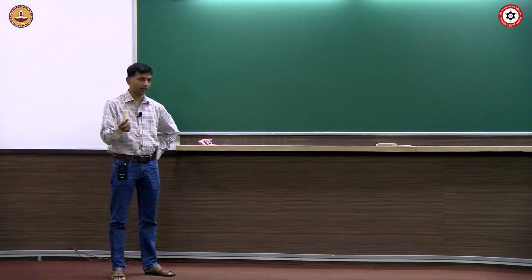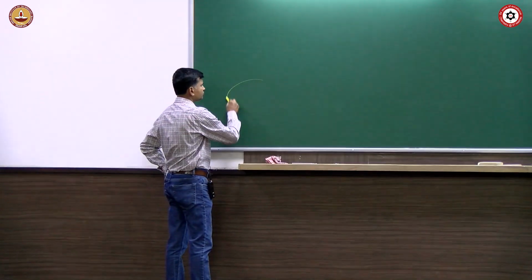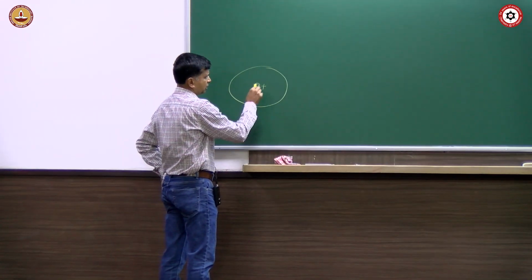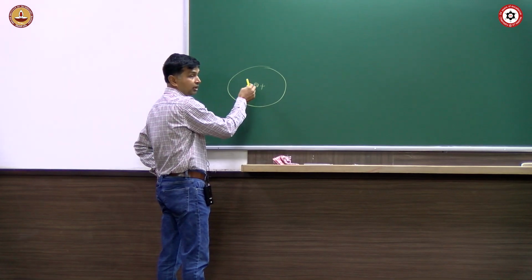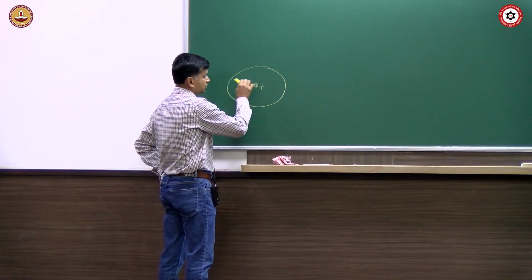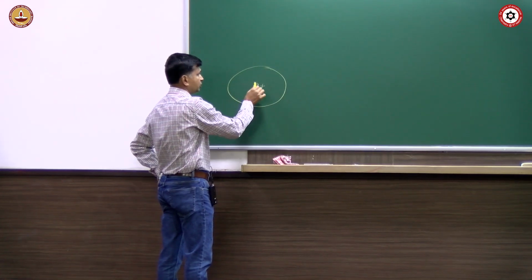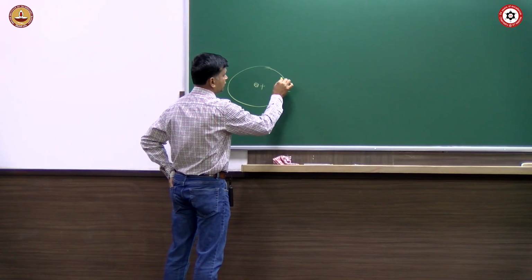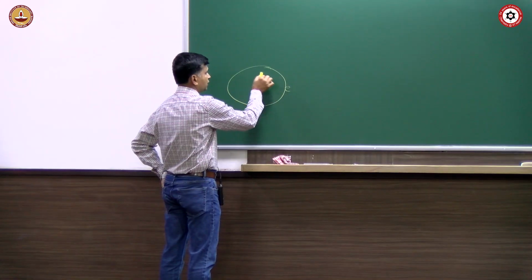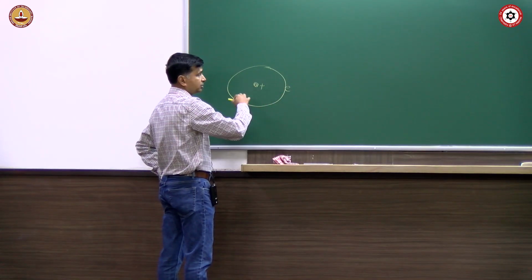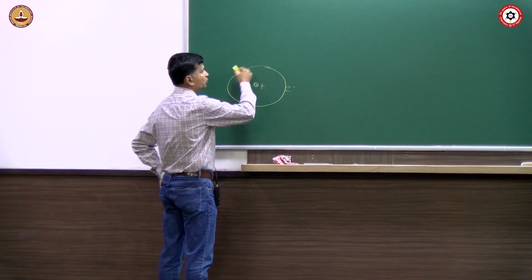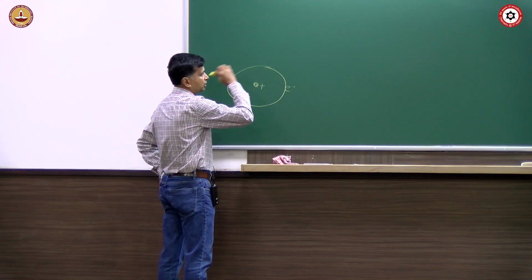The nucleus is positively charged, depending on how many protons there are, and you have the electrons outside, with many more sub-shells, and these electrons are moving of their own.